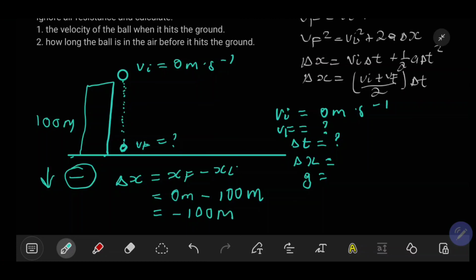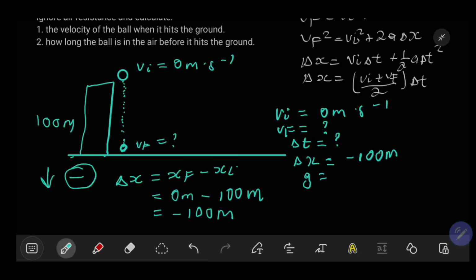So it means that our displacement is negative 100 meters. And it's true. Why? Because we said that the motion going downwards should be negative. So any motion going downwards, the ball will have to move from this 100-meter building to the ground, which is going down, and so it's negative.